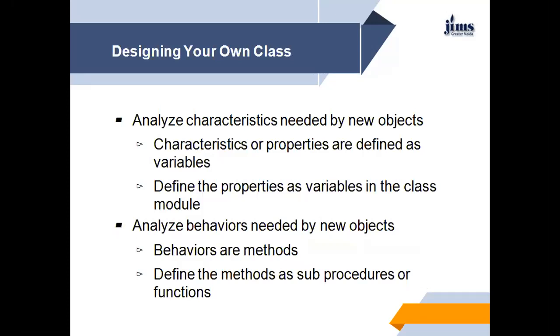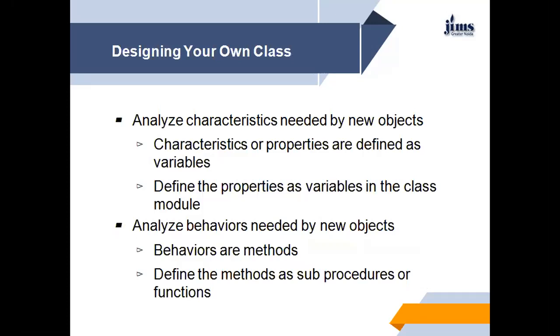You can design your own class. First of all, analyze the characteristics needed by new objects. Characteristics or properties are defined as variables. Define the properties as variables in the class module. All the properties we can call member variables. Then analyze the behavior needed by new objects.